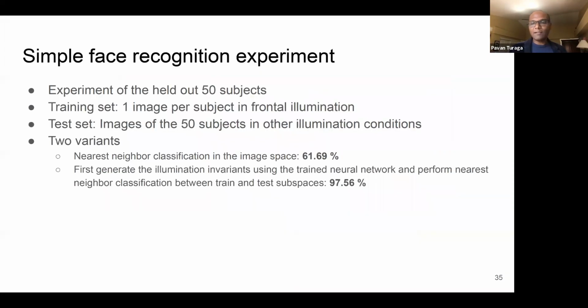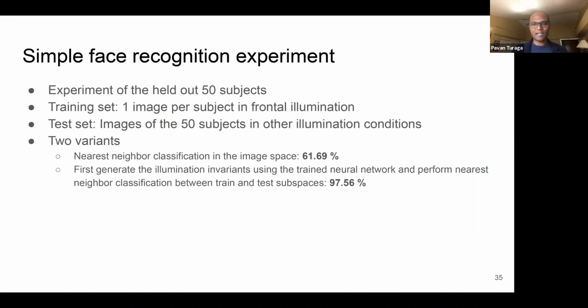We haven't yet done a full large-scale experiment on whether this is useful in practice for a real data set, partly because we need a way to train our network to learn to regress a single picture to an illumination subspace. So we need a training set with lots of illumination variations observed. And there are not very many data sets like that.